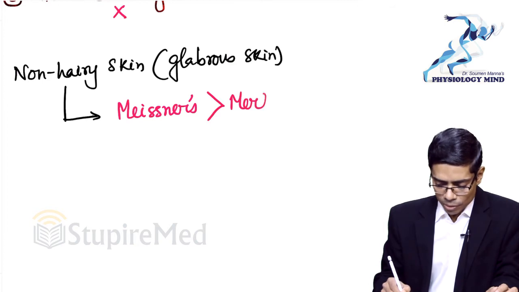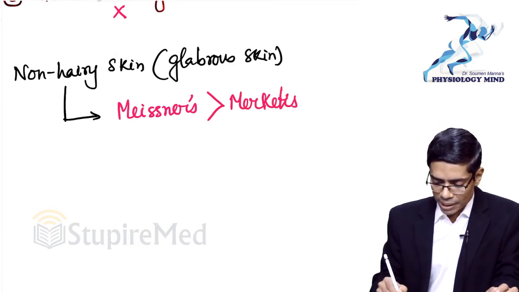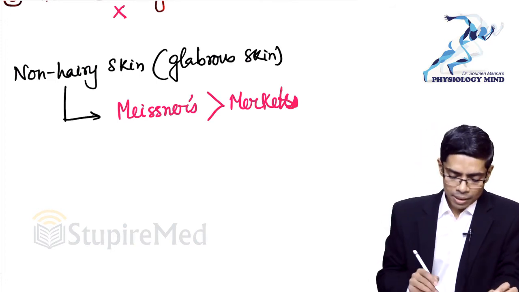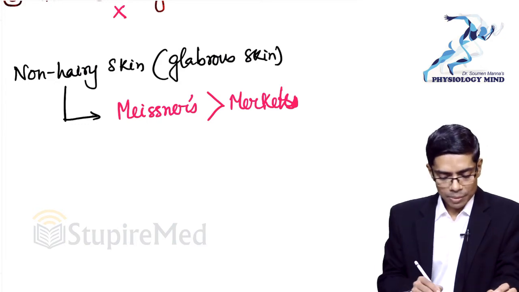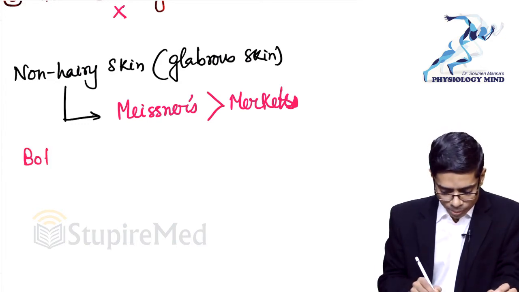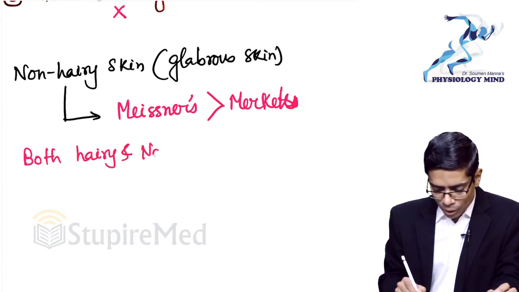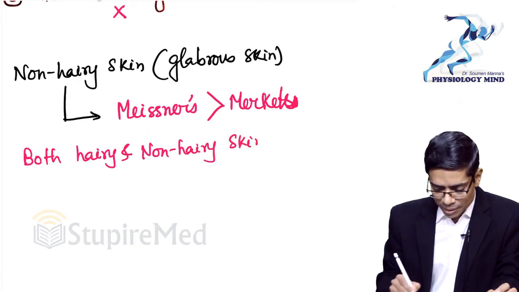Merkel's is also present on glabrous skin. Obviously all other receptors are present on both hairy and non-hairy skin. What are the receptors left?